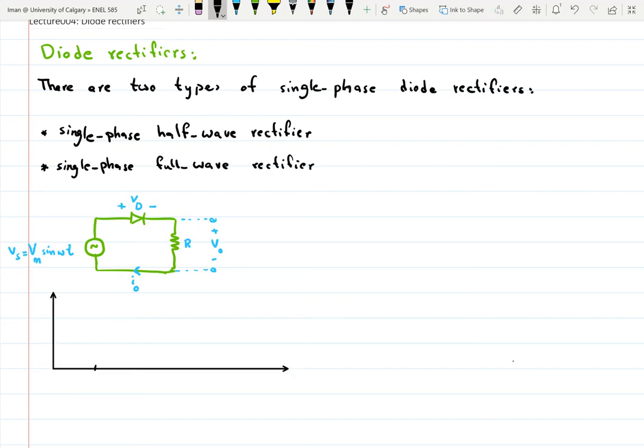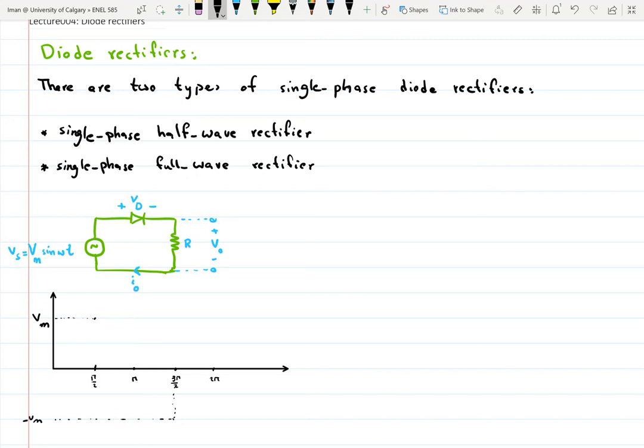See, this is pi over 2. This is pi. 3 pi over 2, and then this is 2 pi. And I'll draw Vm here, then minus Vm here.